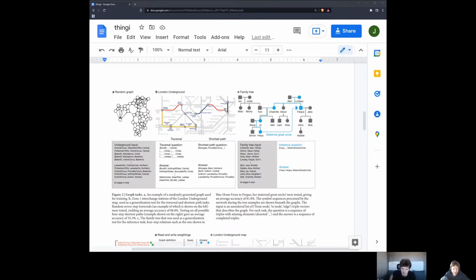One category of problems is everything graph-based, solving graph-based problems.